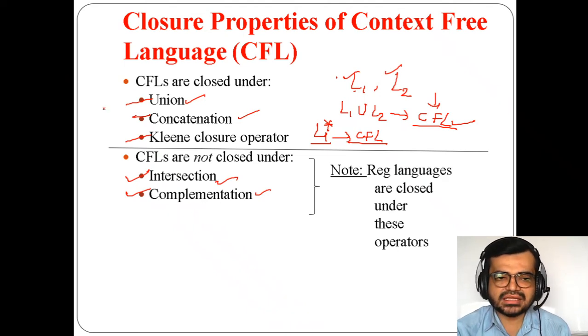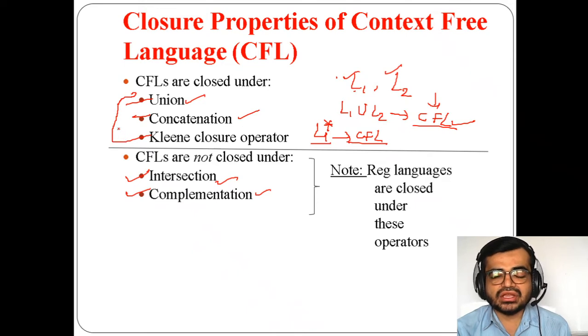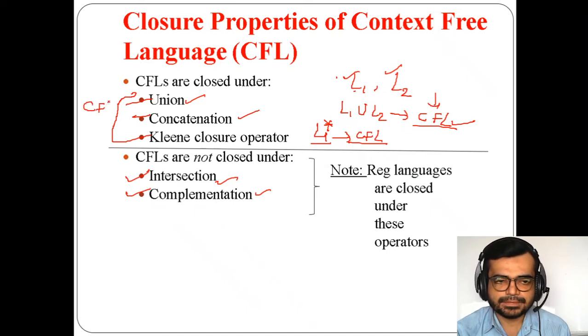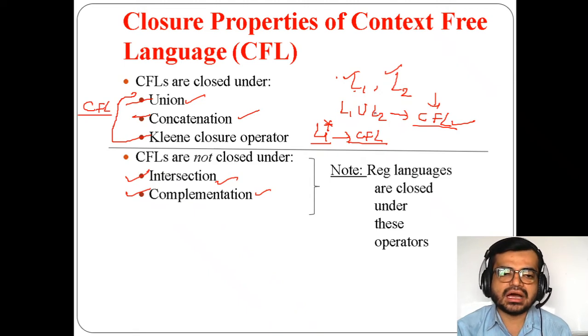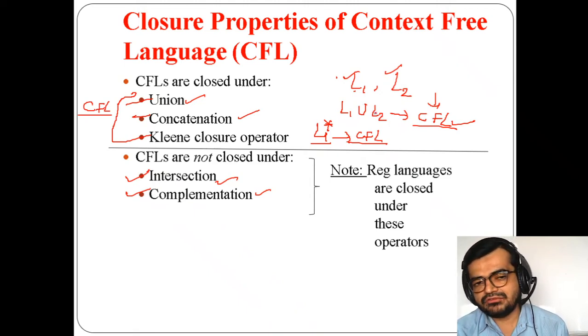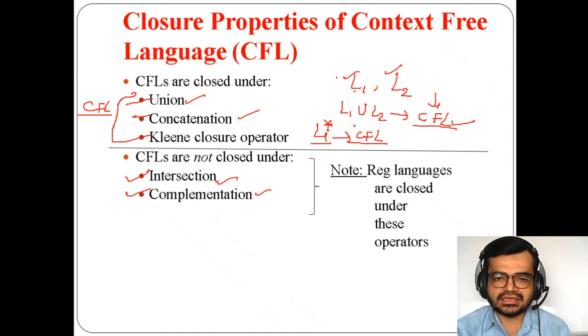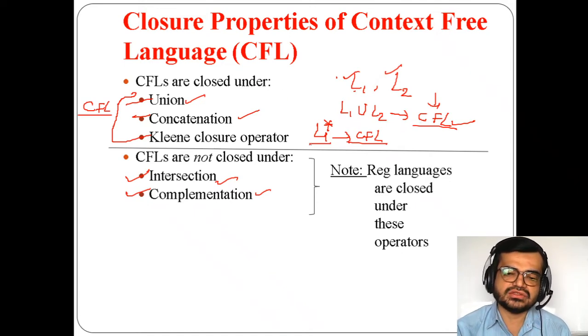And remember one thing here: for union, concatenation and Kleene closure, the result should always be a context free language. Whichever of the three operations you perform, in all cases it should be a context free language.